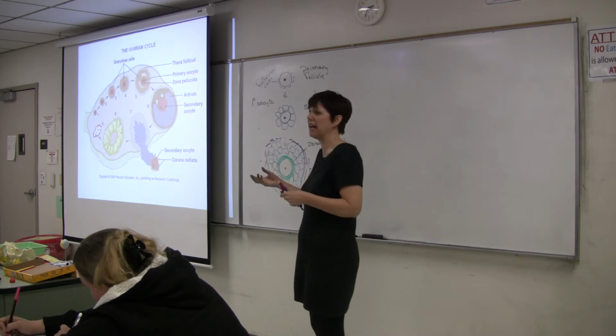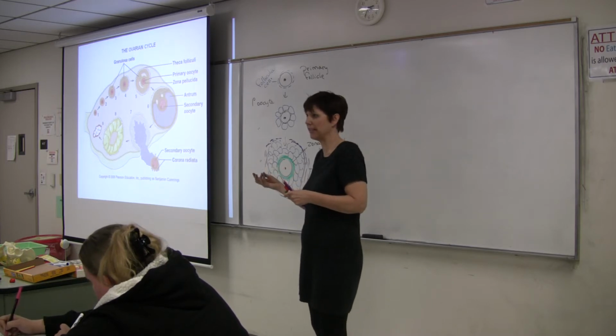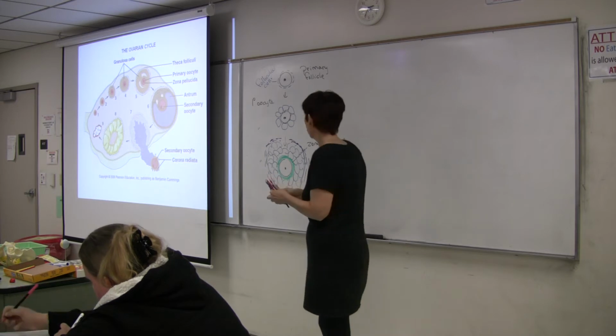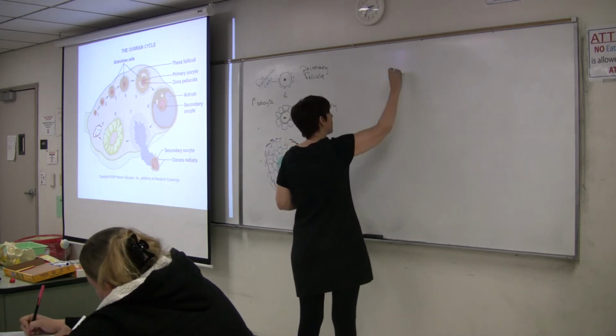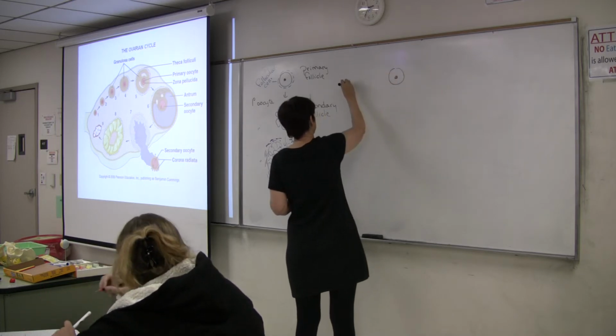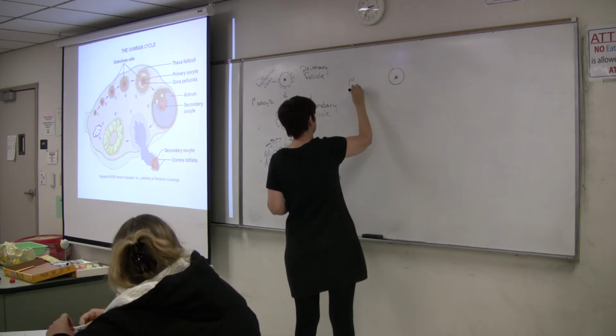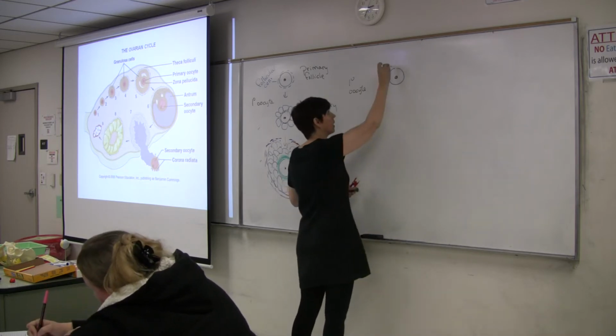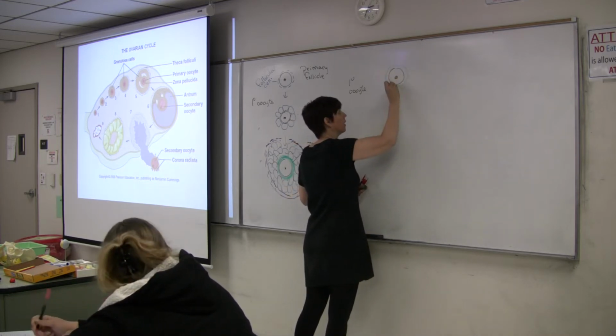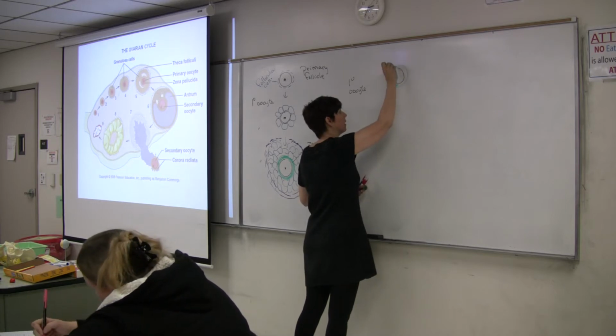Now we're talking about 2 or 3 months before it's ovulated. Okay, we have several of these cells doing this. So again, primary oocyte. Zona pellucida.